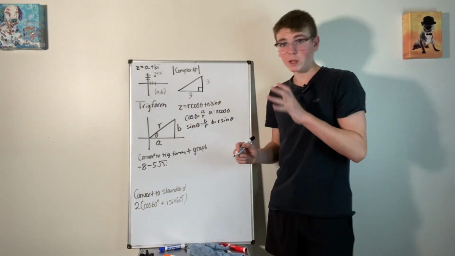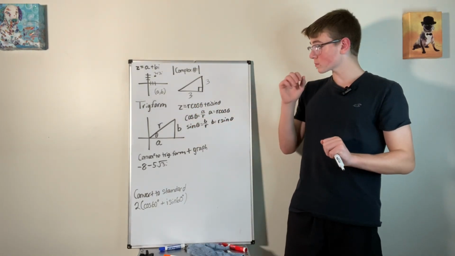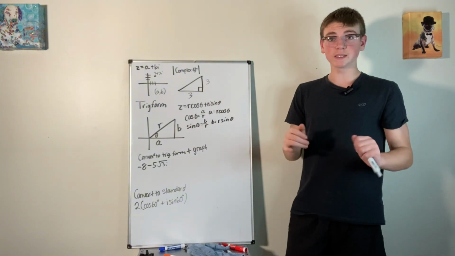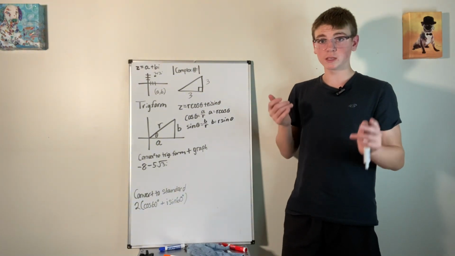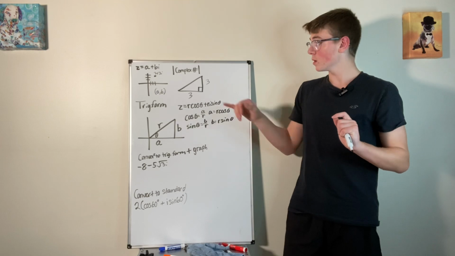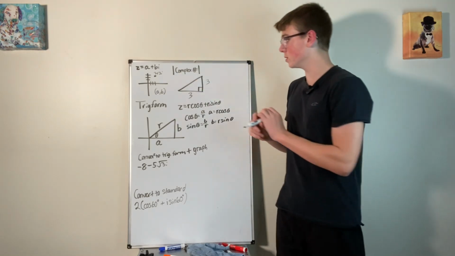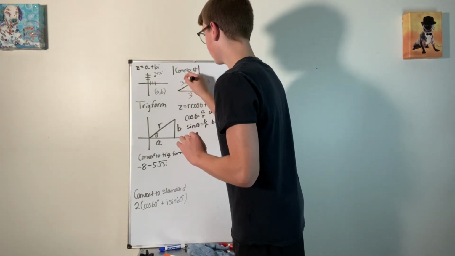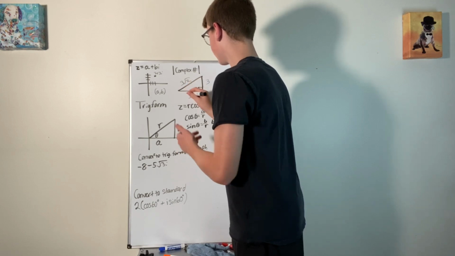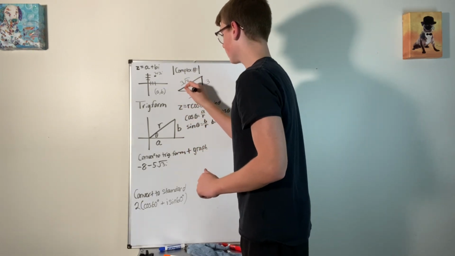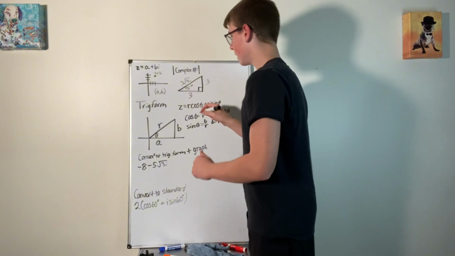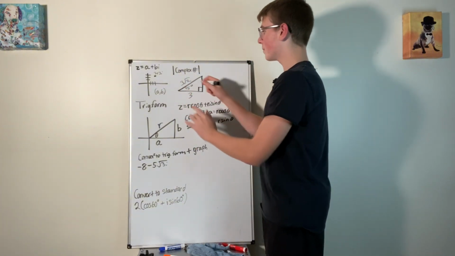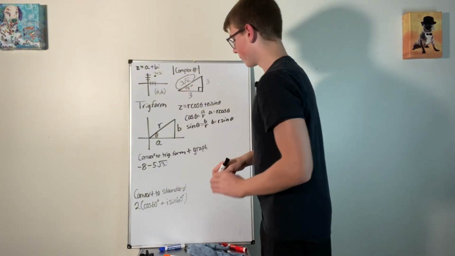Now, if we look at this, we can see, okay, there's x, x. This is one of our special triangles. This is 45, 45, 90, which is x, x, x root 2. So this would be 3 root 2. And then, of course, this would be 45 degrees, right? So our absolute value would be 3 root 2.